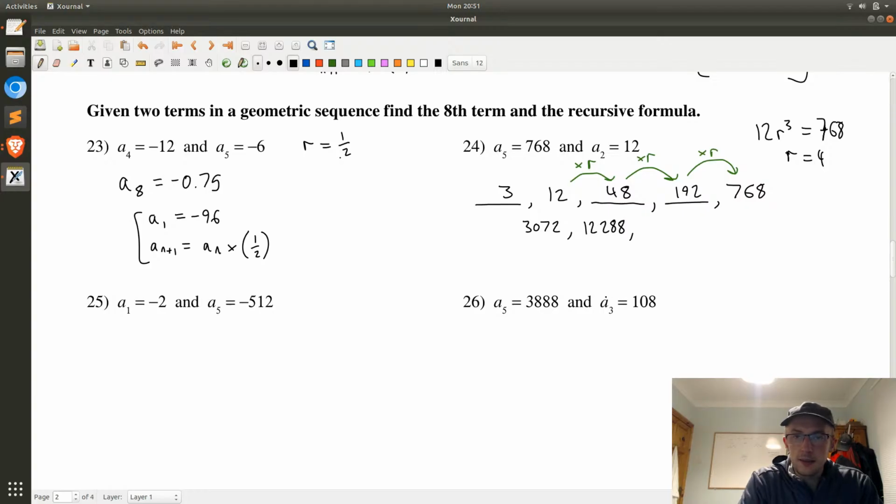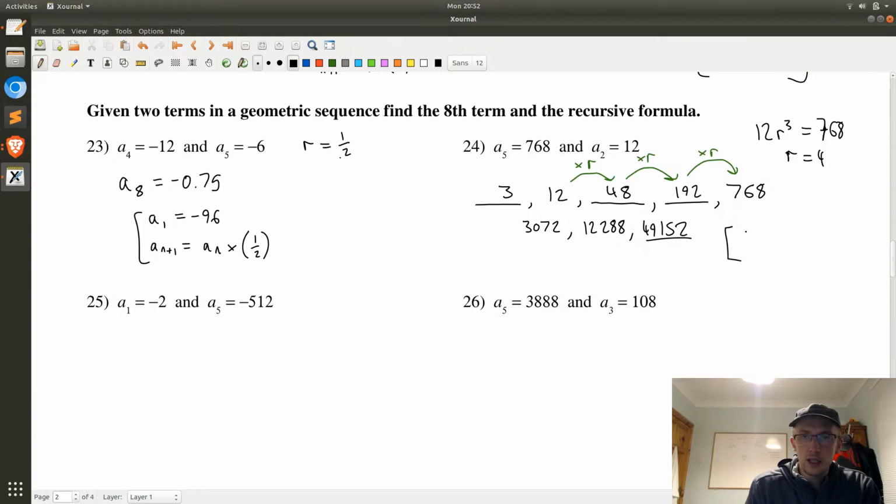Term 8, 49152. How about that? The recursive formula, huh?